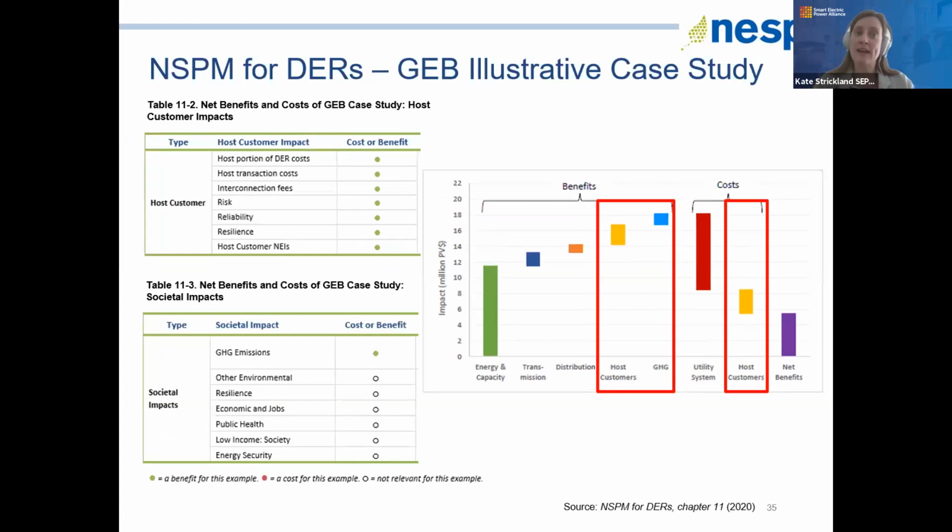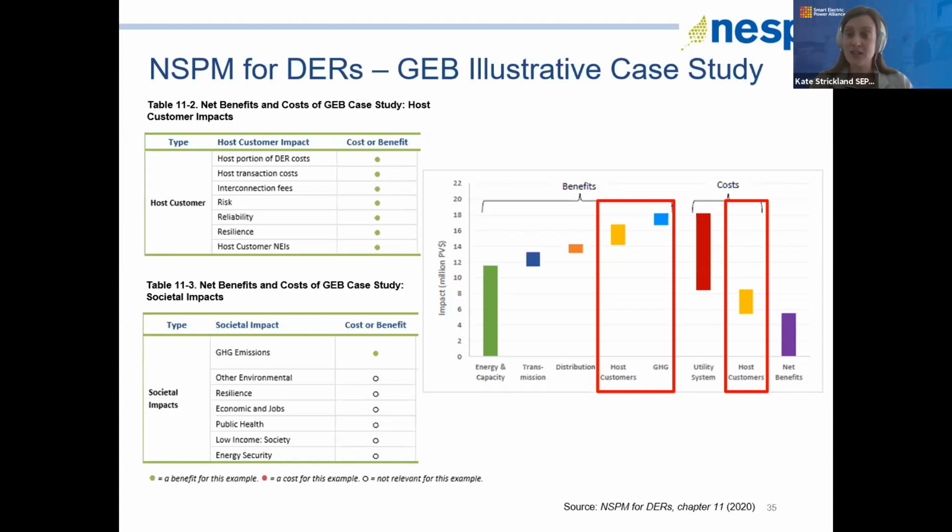Additionally, here on the left, we have both the host customer impacts and societal impacts, as well as the cost effectiveness graph on the right. Per Julie's earlier point about the importance of the symmetry principle, here you can see that this example jurisdiction and case study is including both host customer costs and benefits, the yellow bars, to ensure symmetry in the treatment of impacts in the jurisdiction-specific test.